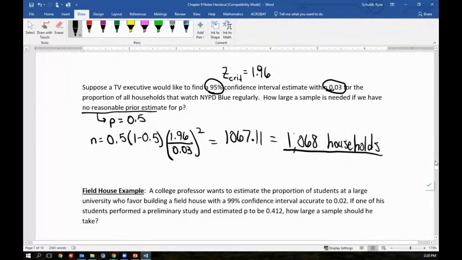Now, notice what happened to our sample here. How many households did we need on the other? About 545. Yeah. So the main reason we had this one in there, not to get practice with the calculation, is that a reasonable estimate for P can decrease sample size.